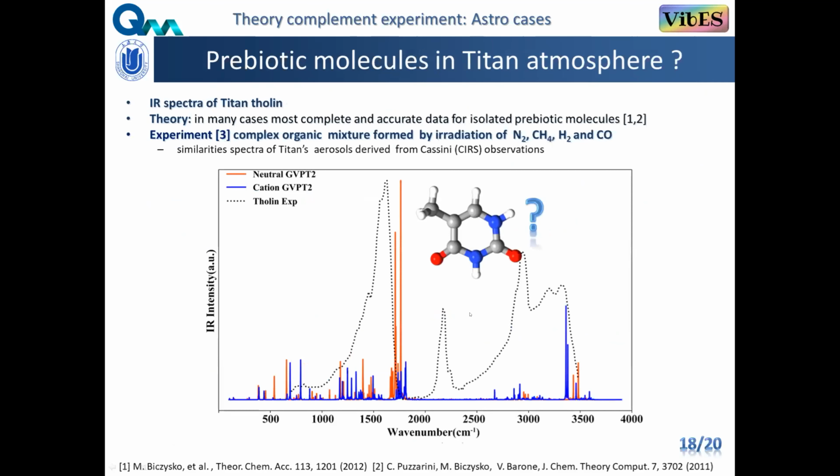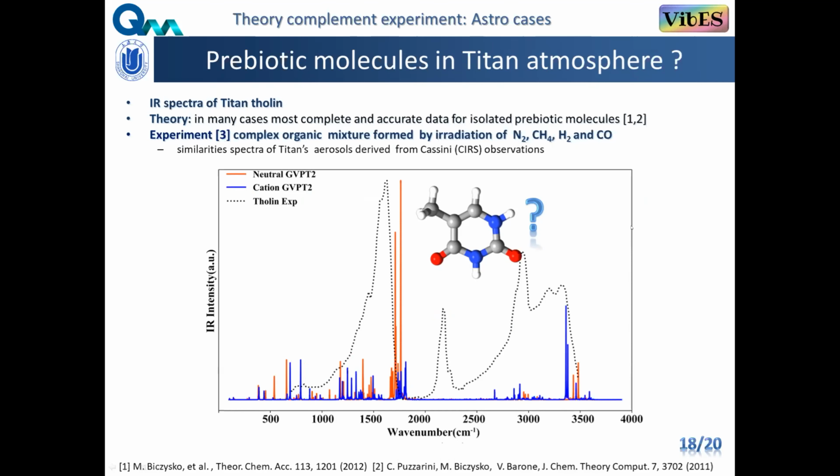And we can eventually compare it with some spectra coming from different sources, like here is an example of the spectrum of the Titan atmosphere, so-called Titan tholins, and we can ask ourselves whether thymine can be present or cannot be present in this environment. Based on this picture, I would say that we cannot exclude it fully, but definitely a lot of other molecules are needed to explain this spectrum.